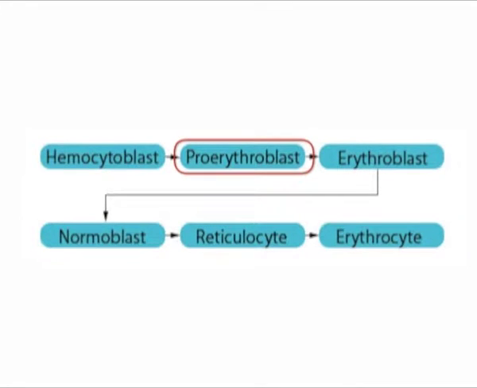Erythropoiesis refers specially to the production of erythrocytes or red blood cells. These are formed through a sequence of cell transformations. The proerythroblast has receptors for the hormone erythropoietin.